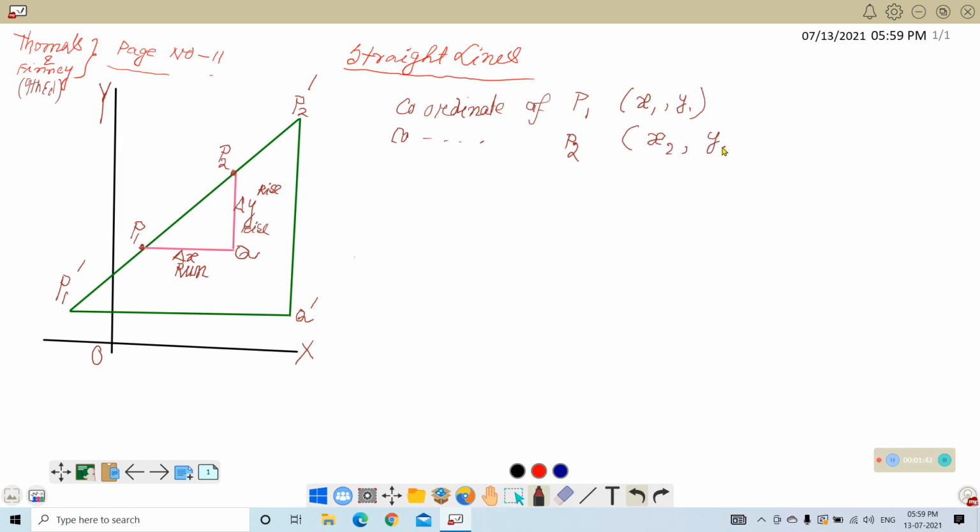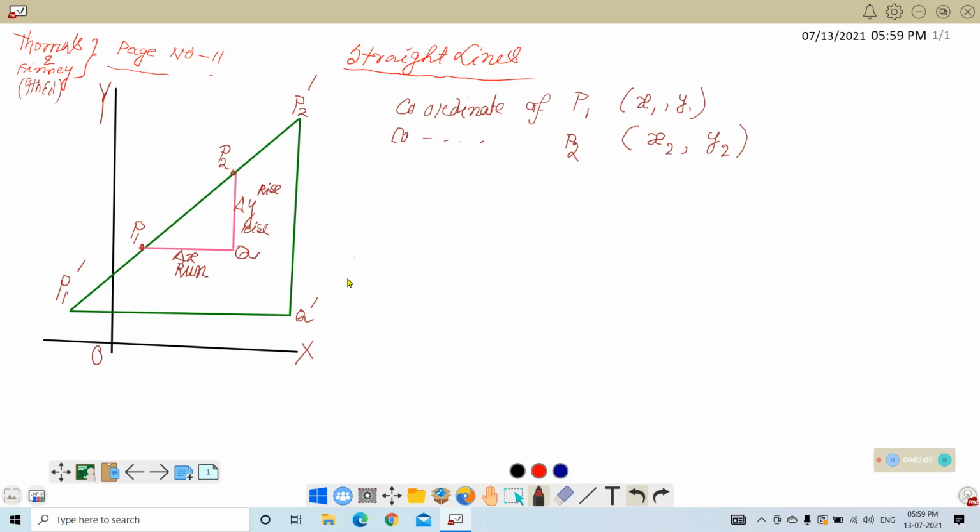You have already gone through the previous pages and know what x1, y1 and x2, y2 are. Now these two points P1 and P2 are joined by a straight line, P1 P2.